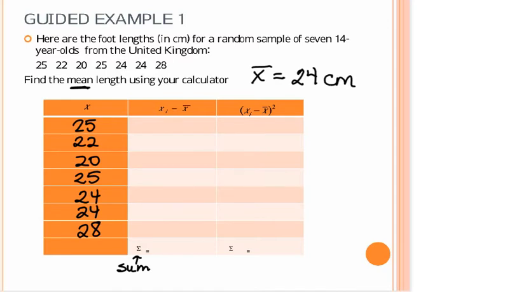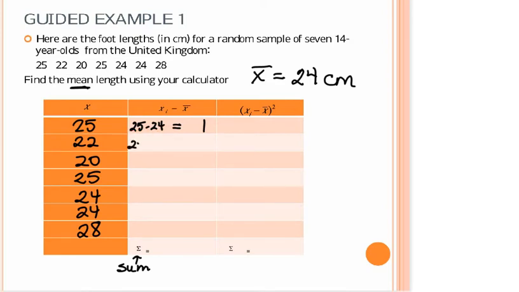24 centimeters. So, in the second column, I'm going to use my value here. I'm going to subtract my mean. So I'm going to write this out, and you'll get the gist. 25 minus 24 equals 1. That is the number right here that I'm after. I'm writing this out so you can see how to compute this.